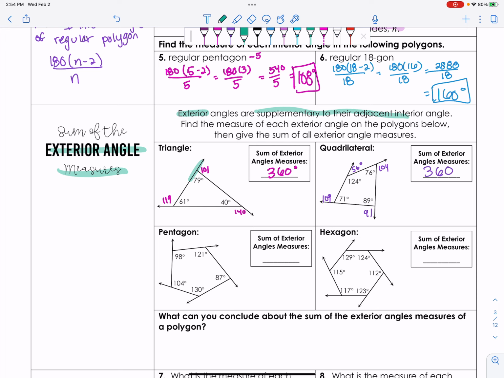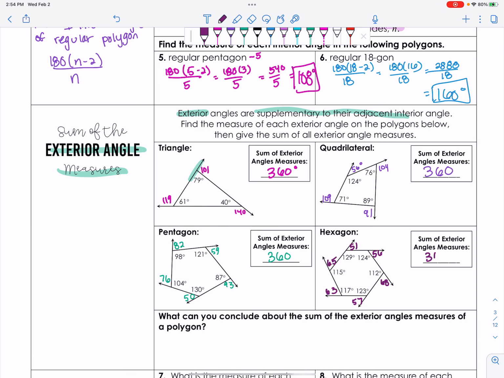Let's check to make sure that is true for a pentagon and a hexagon as well. So the supplementary angles are 82, 59, 93, 50, and 76. Those also add up to 360. And lastly, let's check the hexagon. We're going to have 51, 56, 68, 57, 63, and 65.